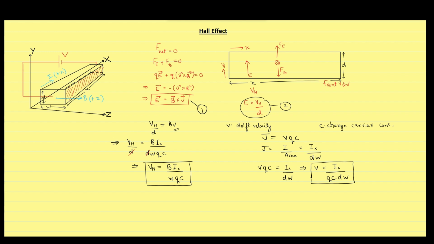Both these parameters will have different directions in different semiconductors, but you can find the magnitude for either type of semiconductor by this formula. One more important thing is that charge multiplied by charge carrier concentration is sometimes referred to as charge density, and this will change the formula for Hall voltage to be like this.